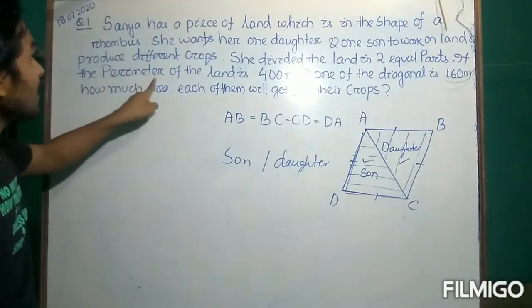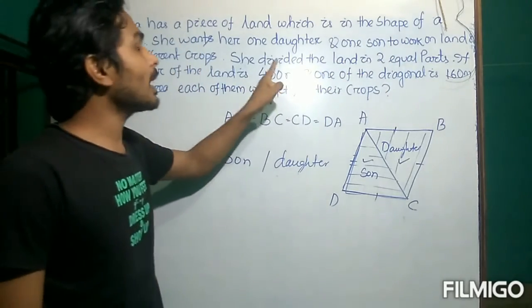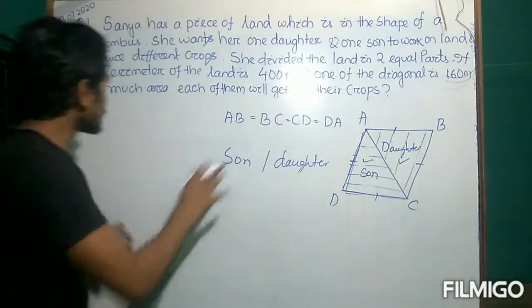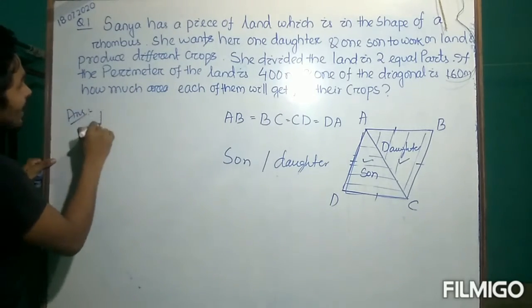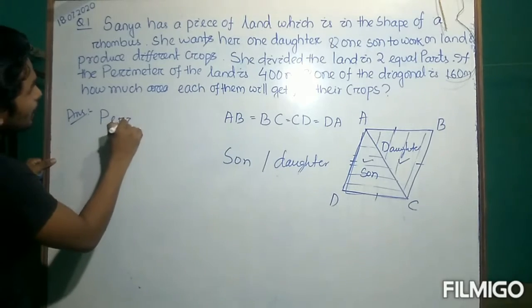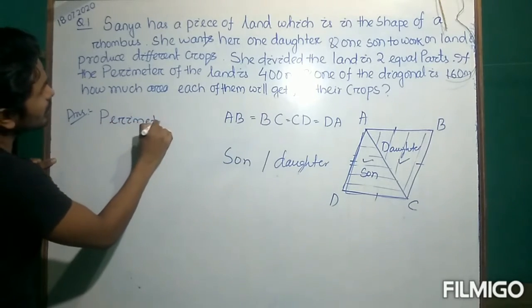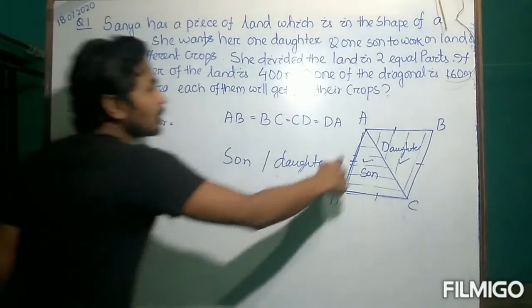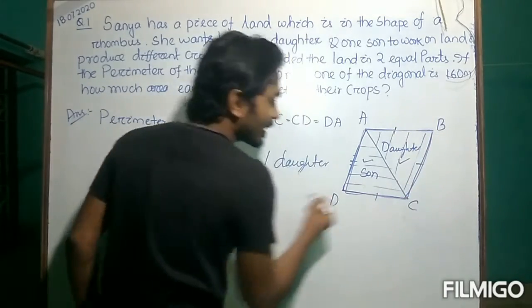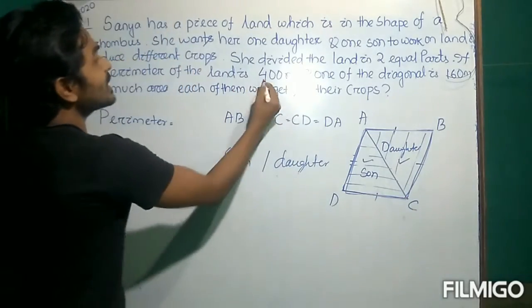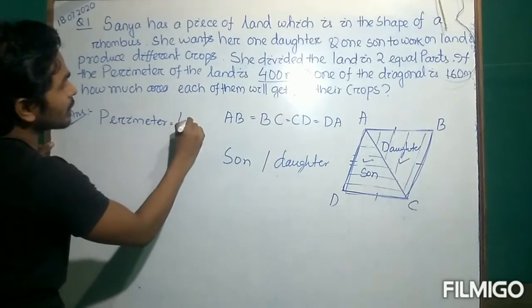If the perimeter of the land is 400 meters. So what is given in the question? In the question it is given that the perimeter of the total land, this is the total land, is 400 meters.